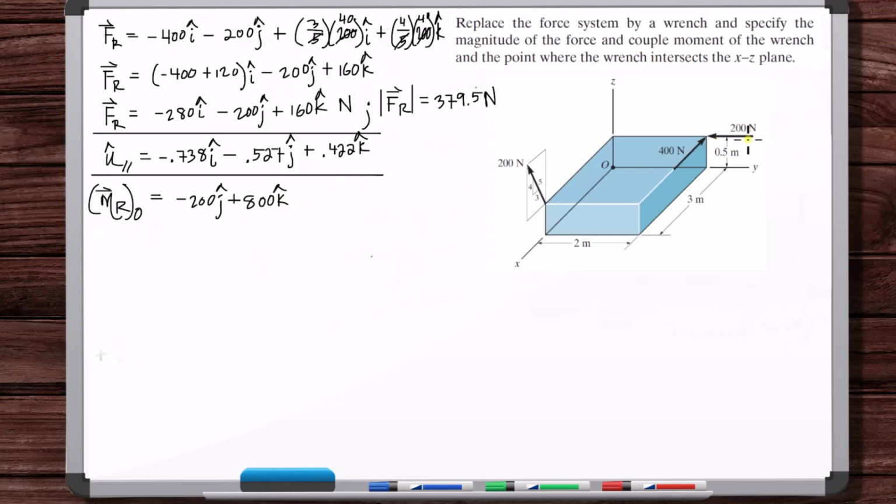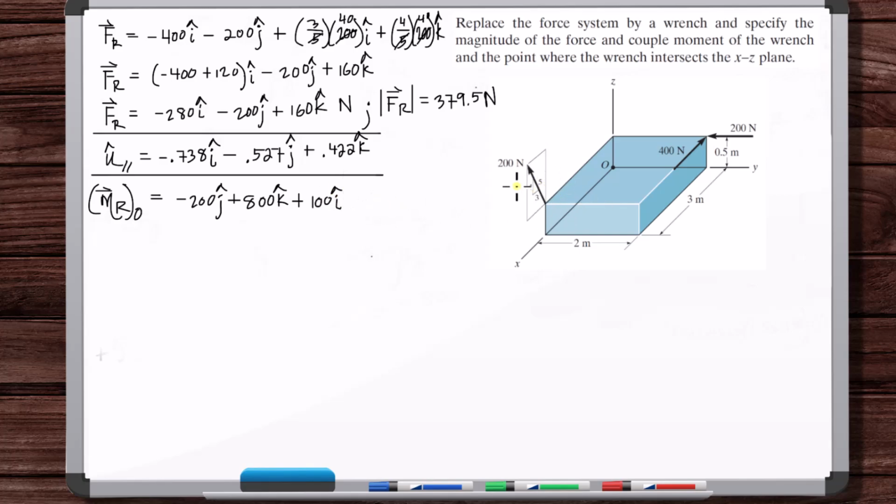Now this 200 Newton force is causing no rotation about the z or the y, just a rotation about the x. 200 times 0.5, 100 Newton meters, in the positive I hat direction. So plus 100 I hat.